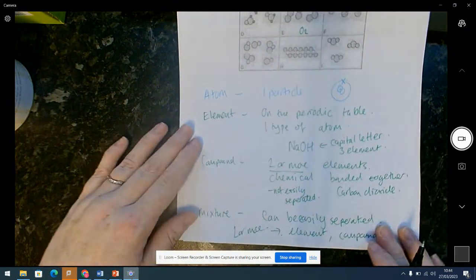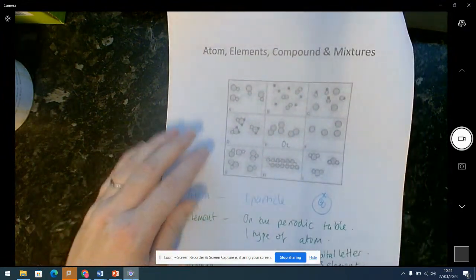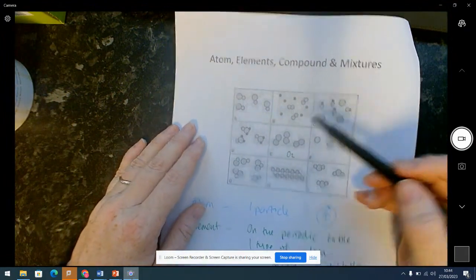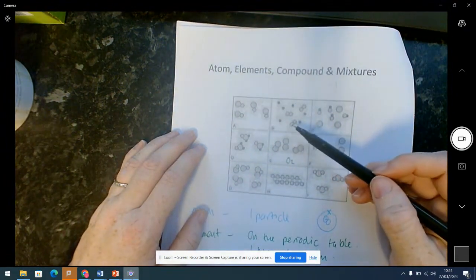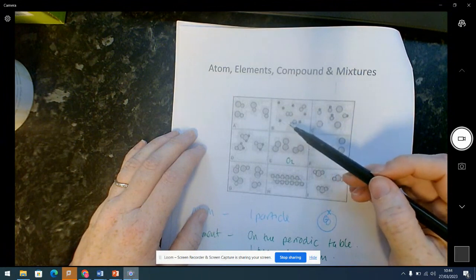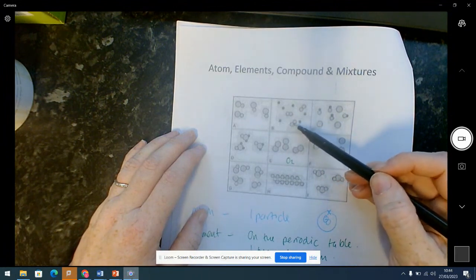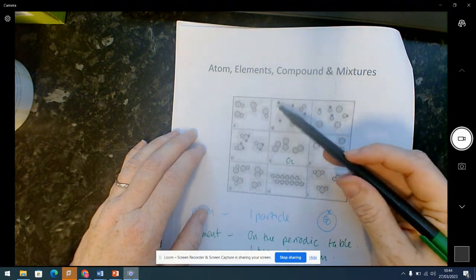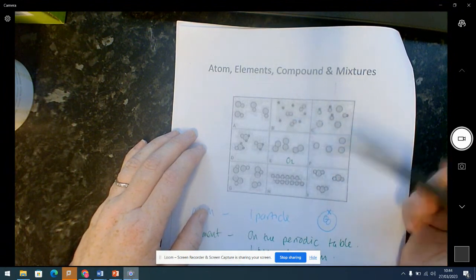And if you look at a picture here, for example, in picture B, I've got 2 elements there. Here's one element and an element there. So that would be an example of a mixture.